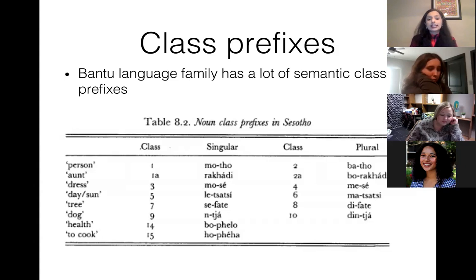The word for wife is rakadi, 1A and 2A. Why is it called 1A and 2A? Because the singular form does not have the mo. You would expect mo rakadi, because the plural is still bo rakadi, but you don't get the mo.